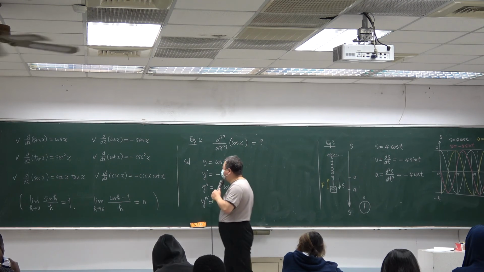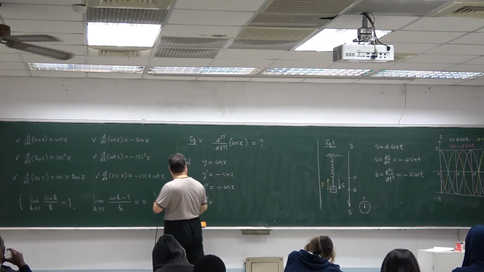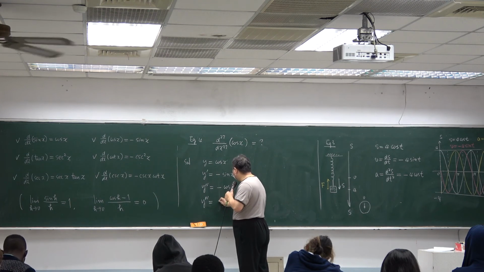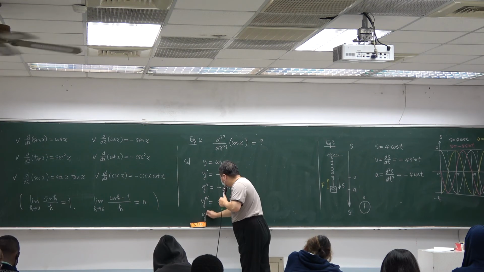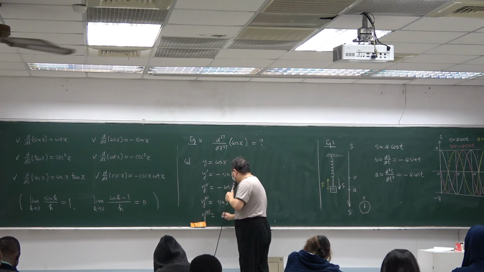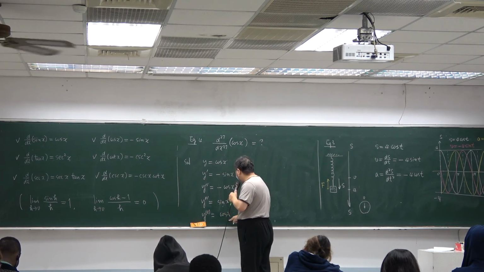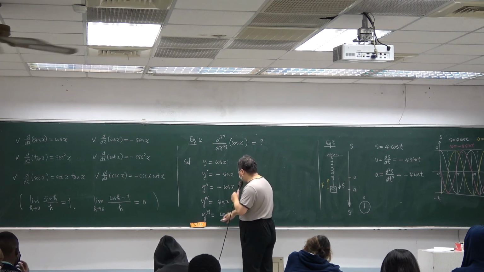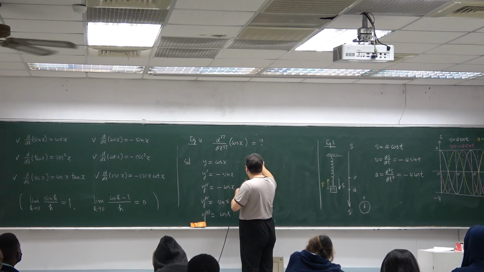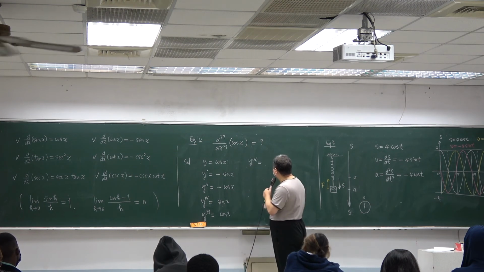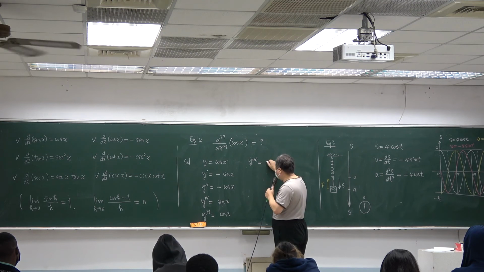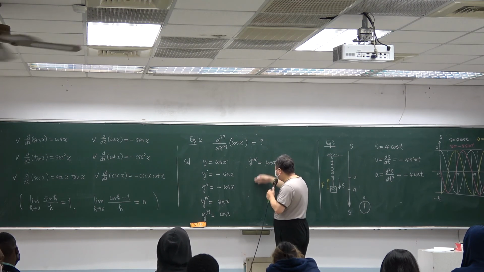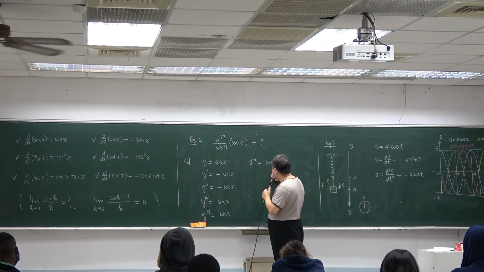The derivative of cosine is minus sine, and minus and then minus becomes positive. The derivative of sine is cosine. Already back to here, so I write the fourth derivative of cosine here. As you can see, minus sine, minus cosine, sine, and cosine.